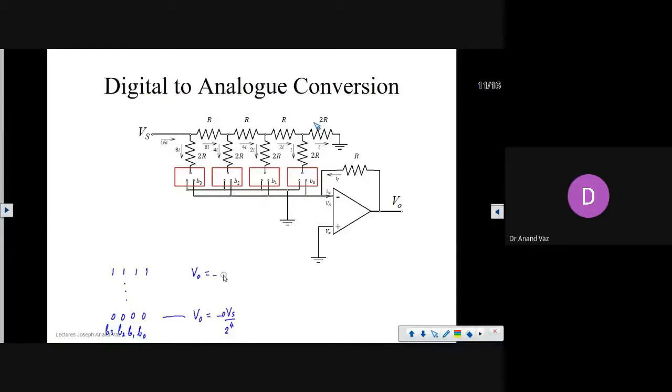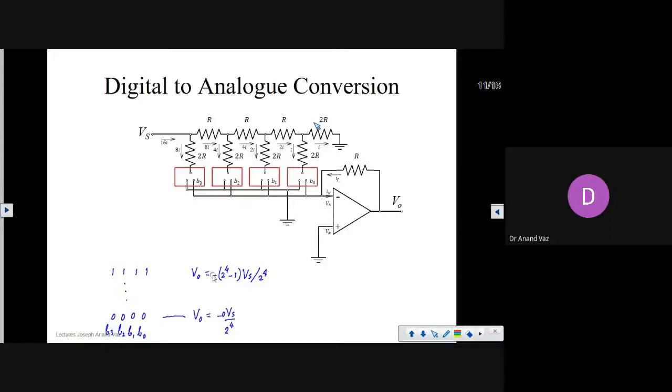Okay, and as you increase, you will have the output voltage here as equal to minus. So here you will have 1 less than 2 raised to 4, that is 15. So you can write it as 2 raised to 4 minus 1. Okay, just to be very precise, and multiplied by Vs divided by 2 raised to 4. So you have broken the range from 0 to Vs in 16 different levels.